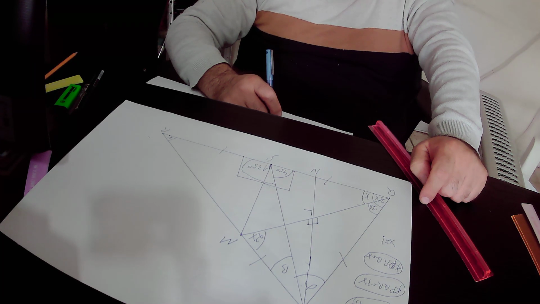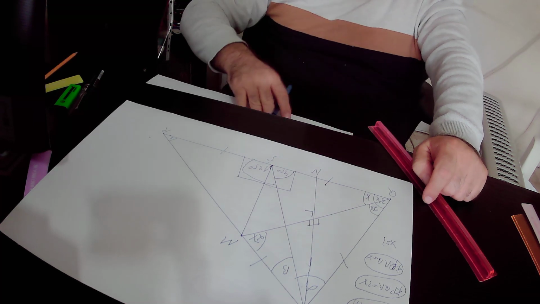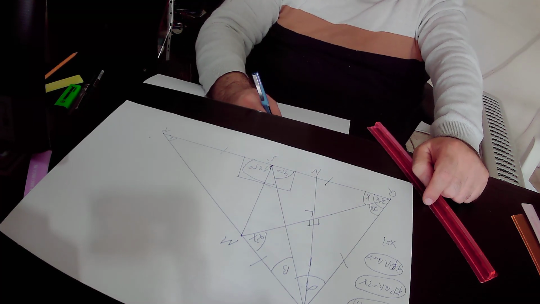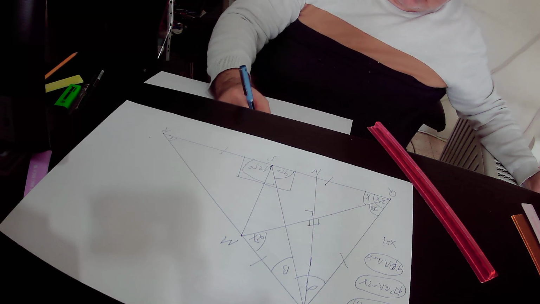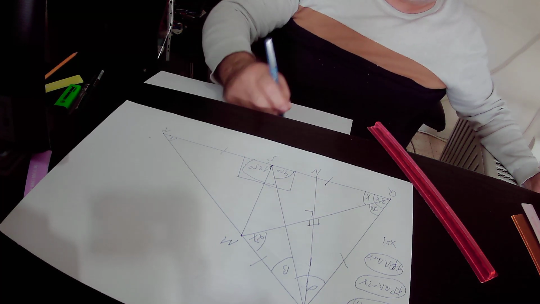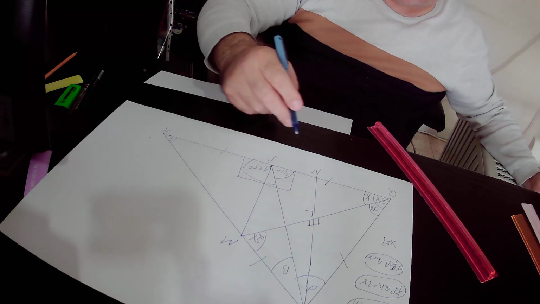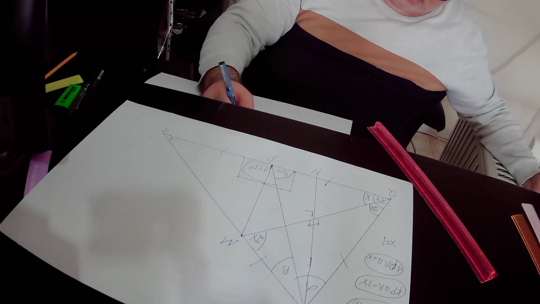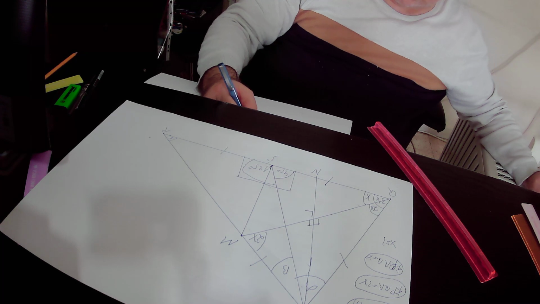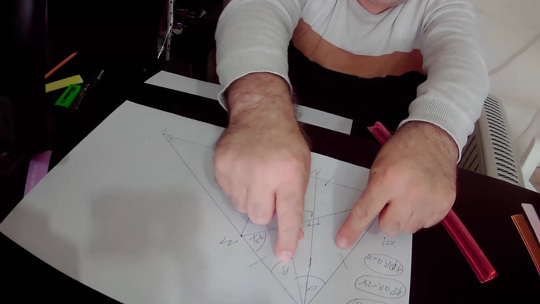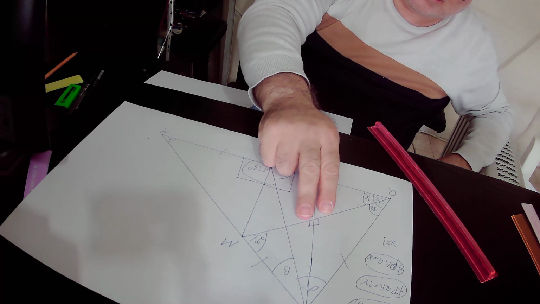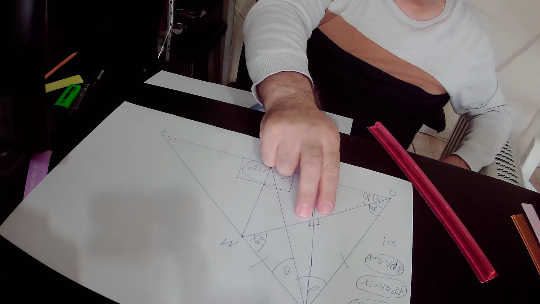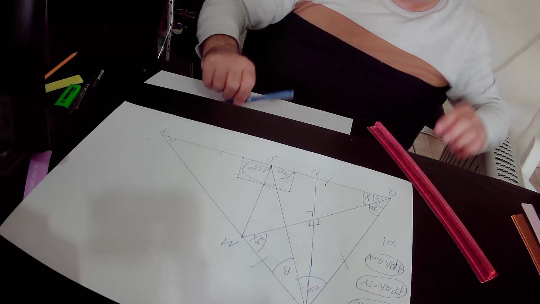We will focus on triangle PLQ, this triangle, and triangle PLM, this triangle. Okay, we will focus on those two triangles. Those two triangles have two right angles. Those two angles are right angles, therefore they are equal to each other.